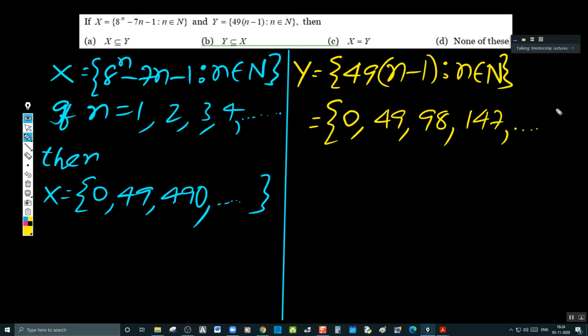So it contains more elements, and whichever set contains more elements will be the universal set, obviously, in this context. So you tell me whether x is a subset of y or y is a subset of x.